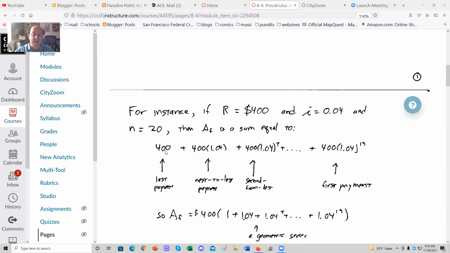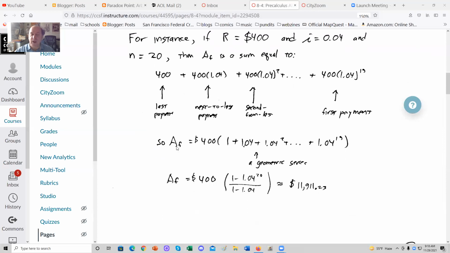Well, the last payment is worth 400. The next to last is 400 times 1.04 because it grows at compound interest. Second to last is 400 times 1.04 squared, all the way up to 400 times 1.04 to the 19th, the first payment, because it's 19 periods there and 0 periods here.